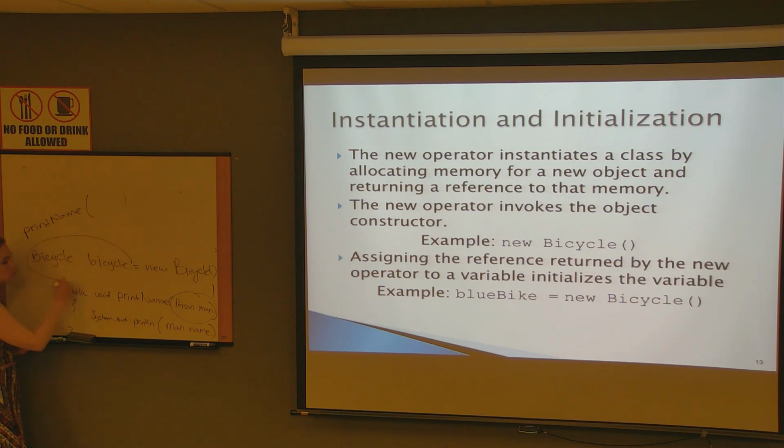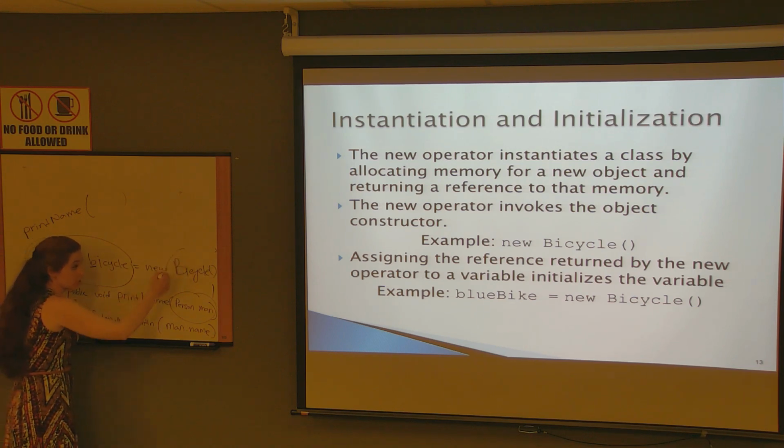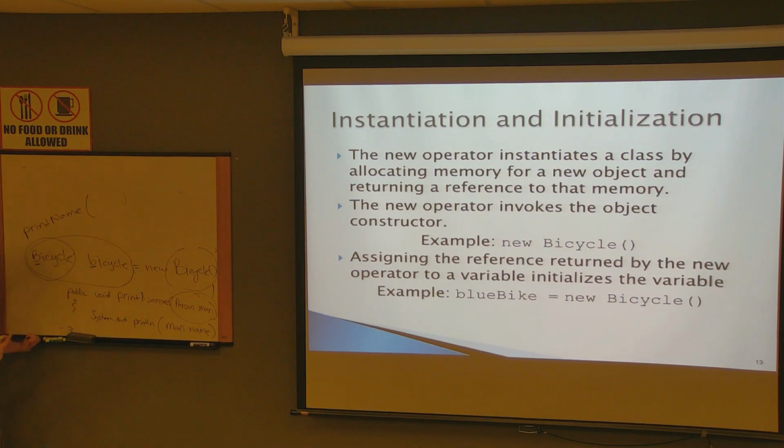This side is just a poor naming of a variable, right? And Java is case sensitive. So as far as Java is concerned, lowercase b is very different than uppercase b. So you're allowed to do that, right? So all they did was basically they declared a variable of this data type, and then they created an object of that data type. That actually makes sense, right? And then they just picked a poor name that happens to be exactly the same except for one letter as the object, or an object data type.